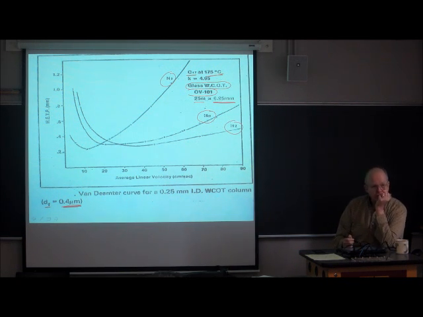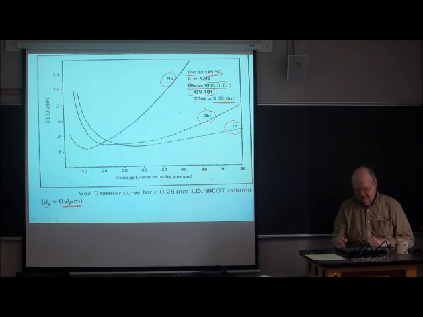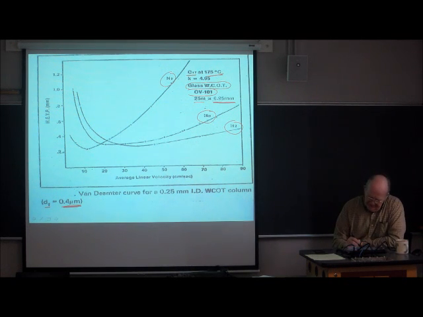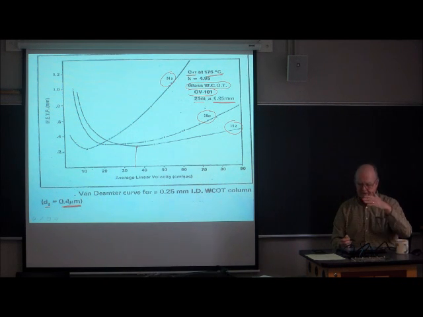Which gas are you going to use? Nitrogen? I use hydrogen. Why? It allows a high linear velocity. You can use a high linear velocity with low HETP. Say it another way, the optimum velocity is higher in hydrogen than in helium than in nitrogen. There's not a huge difference between hydrogen and helium.